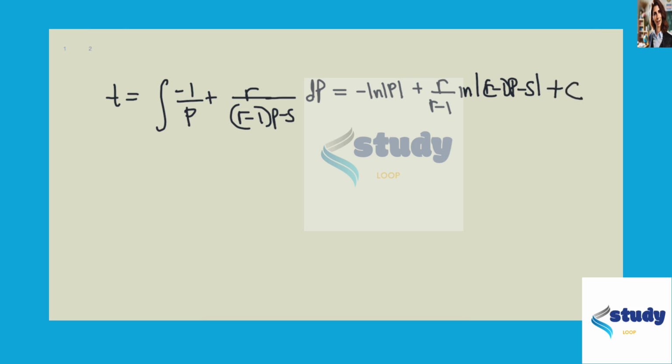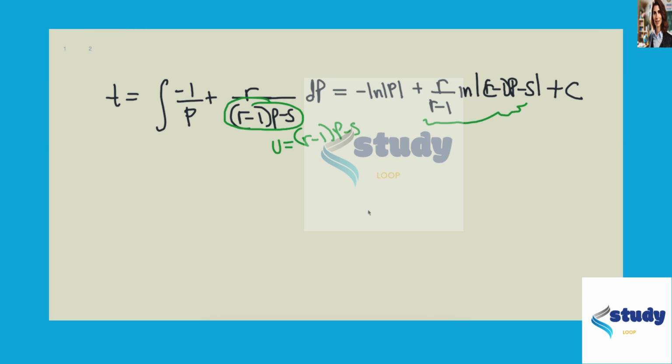Now, if this second integral is bothering you, you can go ahead and do a u sub here. And then that should lead you to this integral over here. So p and s are constants. Well, s is a constant here.